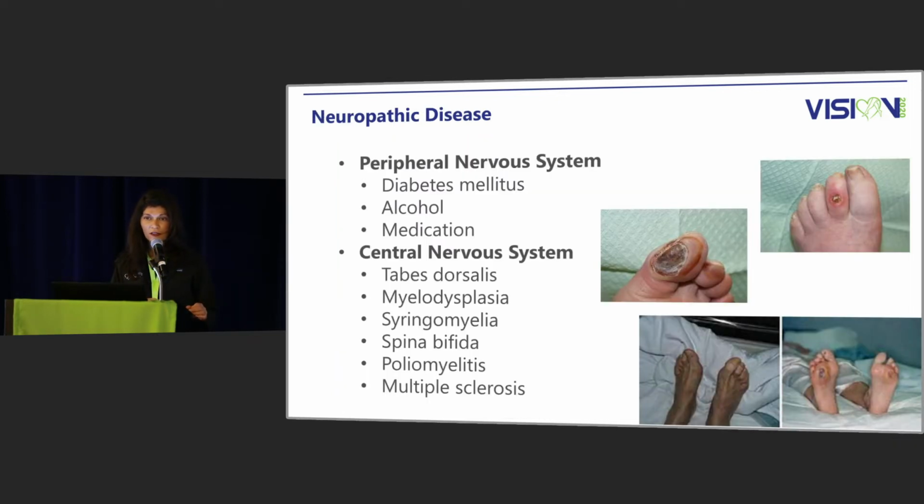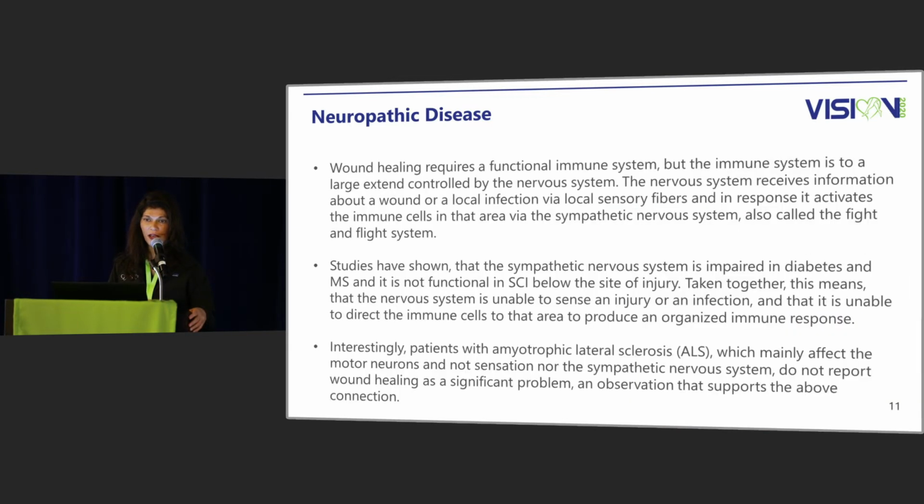Neuropathic disease is divided into the peripheral nervous system and the central nervous system. Peripheral nervous system disease is common in diabetes, alcohol, and medication-induced cases, and central nervous system causes include tabes dorsalis, spina bifida, polio, and multiple sclerosis. Most commonly, when we think of a neuropathic ulcer, we think of a pressure point ulcer due to lack of sensation.